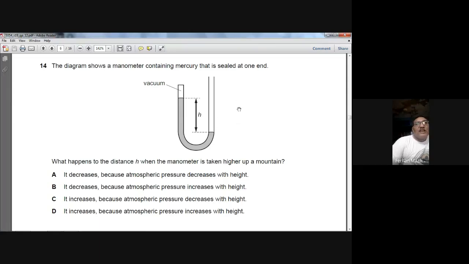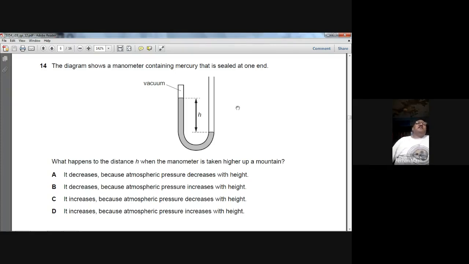When you go up to the top of the mountain, the atmospheric pressure starts decreasing. So this difference in the level of mercury in both the limbs will also start decreasing.